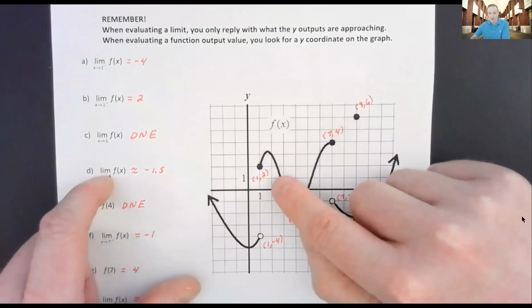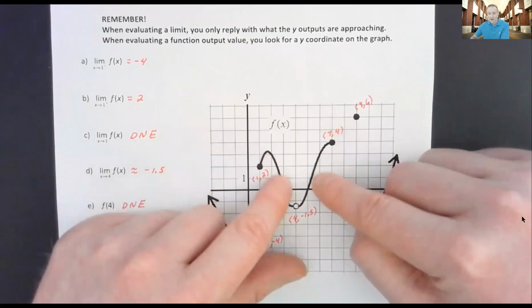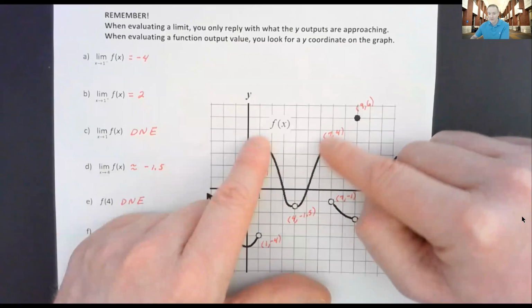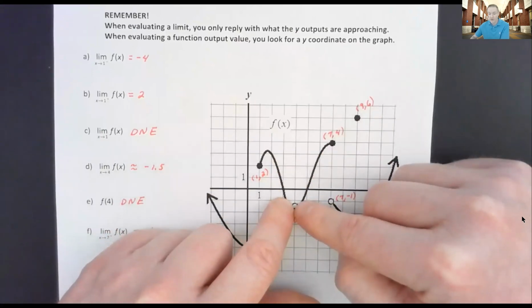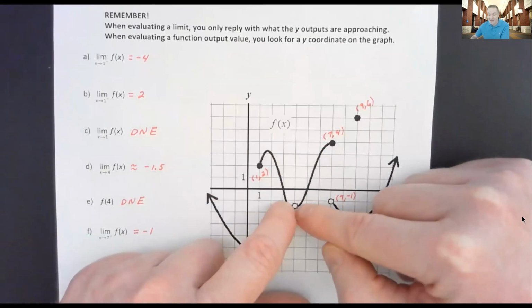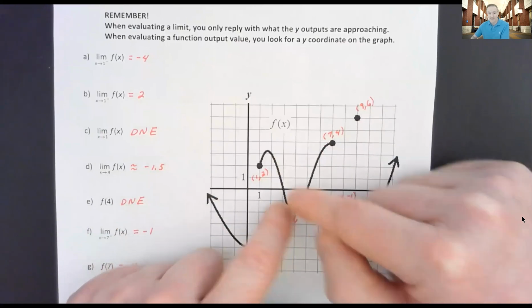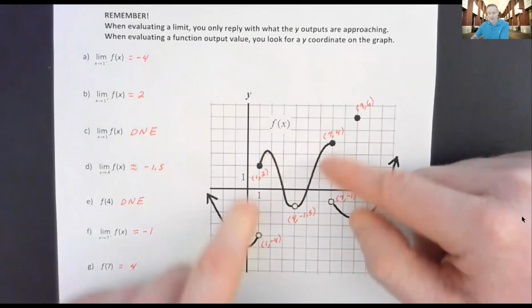Okay, well, what if I ask you the overall limit as x approaches 4? And you can say, well, okay, this would be 2, 3, 4. X equals 4 is right here. Now, I see an open circle at x equals 4, but what about the limit? Well, whether I approach 4 from the left or whether I approach 4 from the right, that y value is going to the exact same location. So I can say, yes, the limit does exist, unlike here where the y values do not go to the same location.